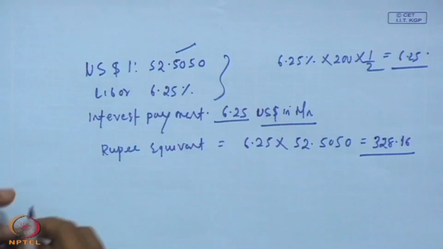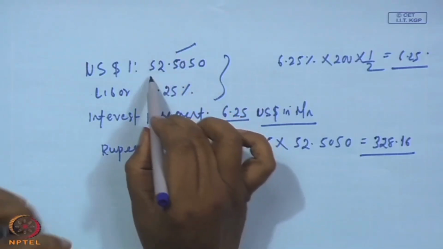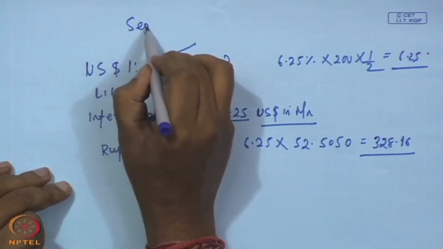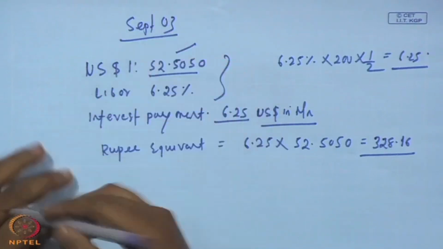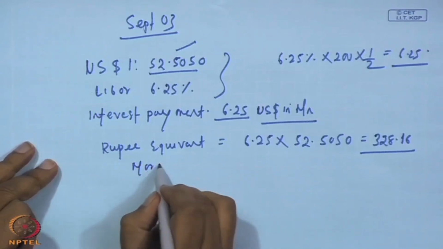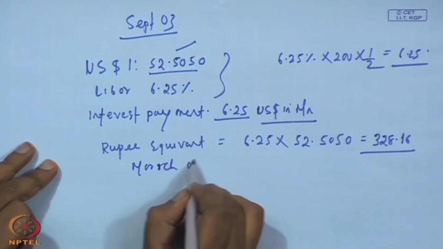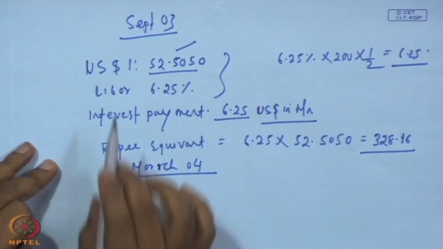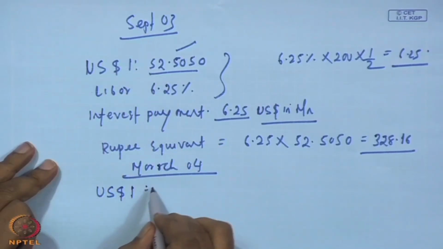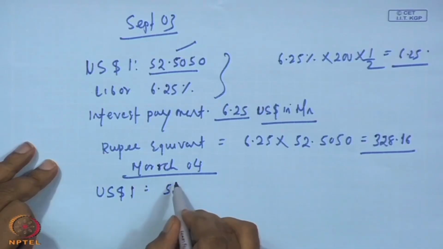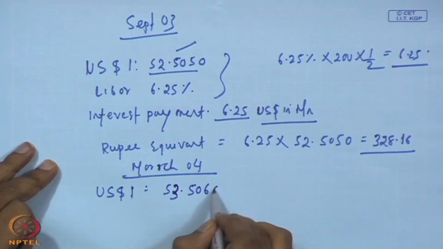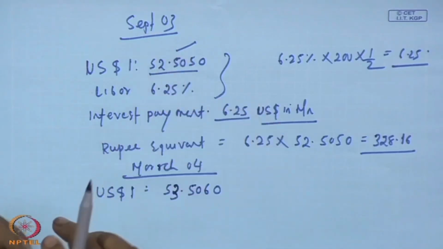This is September 03. Now the next 6 months is March 04. Suppose March 04 has arrived. But here the dollar may not remain constant; $1 may increase to 53.5060 after 6 months.